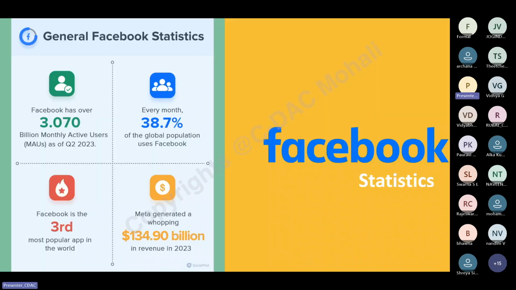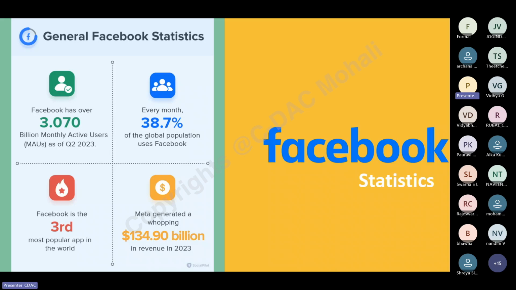These are the general stats of Facebook as of quarter two of 2023. Facebook has over 3.070 billion monthly active users, and 38.7% of the global population uses Facebook every month.